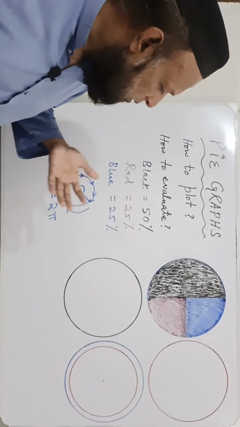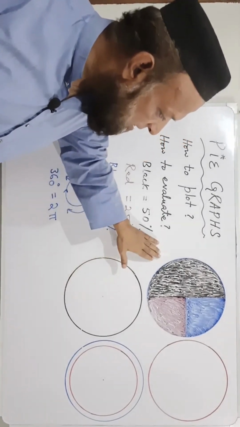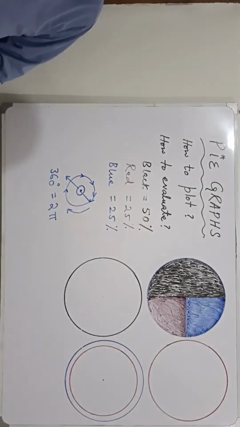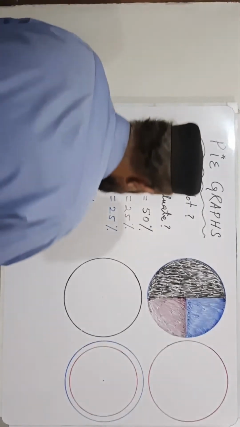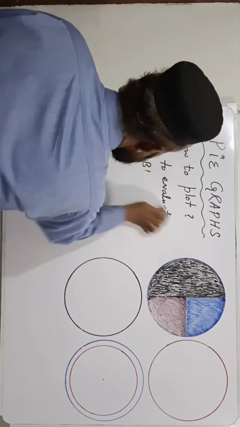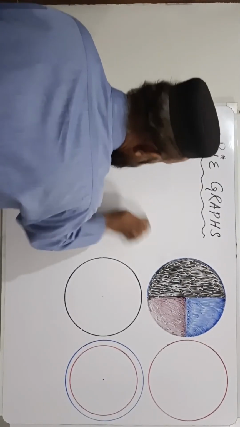Okay, so should we start again? This one is already made. I am giving you the data for another one, and let's see how we'll make it. Let's suppose we have data for another graph.